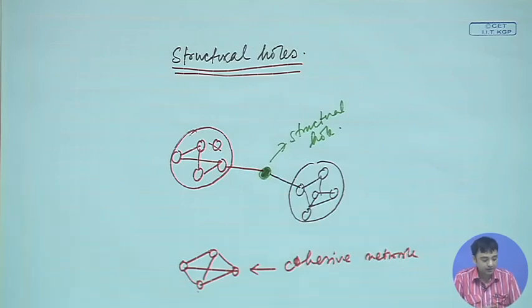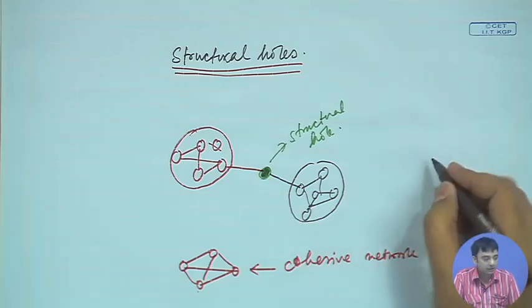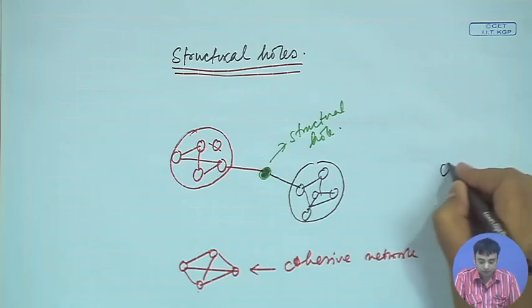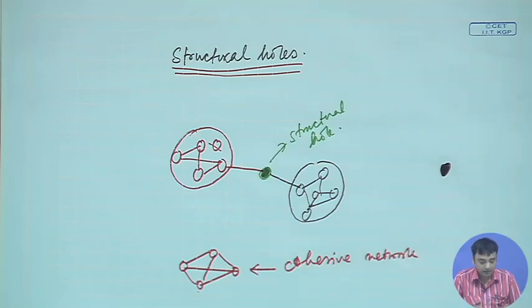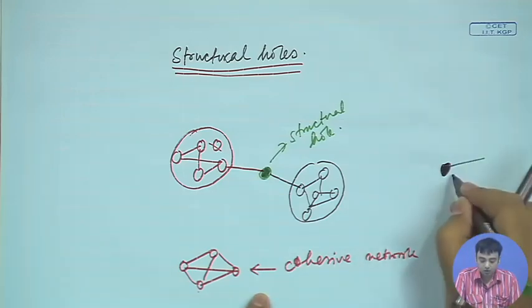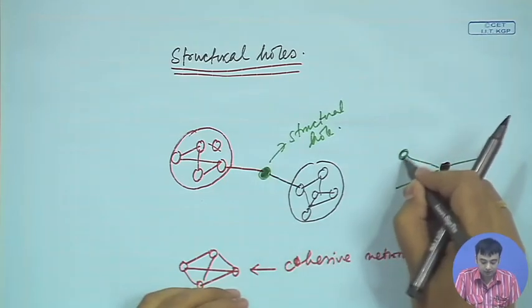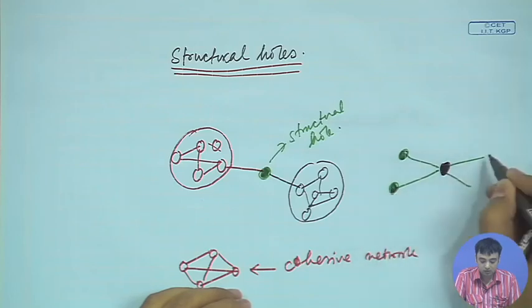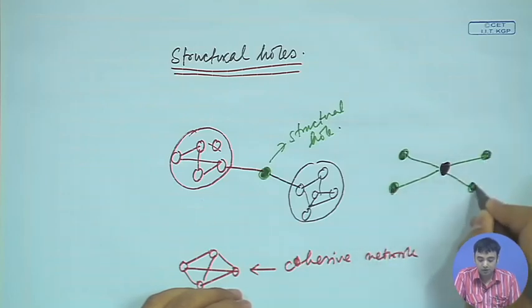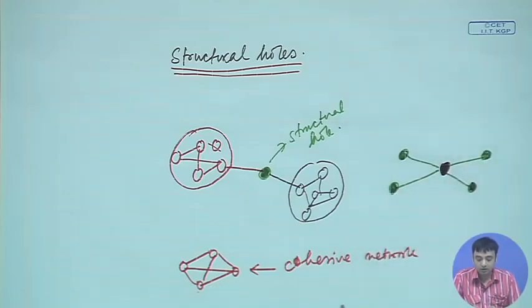Similarly, there is another similar concept of equivalence. For instance, suppose you have a node here and on two sides of it you have nodes who have equivalent information, then also this is not an example of a structural hole.